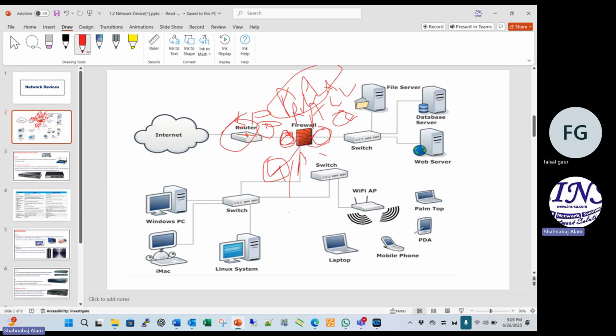Also, if you have a big infrastructure, then you can use ISE. I will explain about ISE later. ISE is a different part, and it has a lot of features.